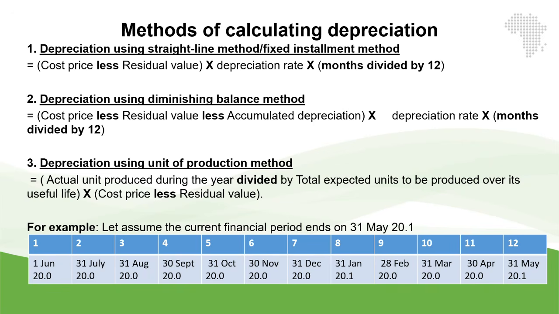Let's say, for example, you bought a machinery and the expectation is that it will produce about 2,000 or 3,000 units, and each year you expect to produce maybe 500. If the actual production is 500, you will say 500 over 2,000 multiplied by the cost price less the residual value. Then you will get the depreciation for that property, plant and equipment for that period.